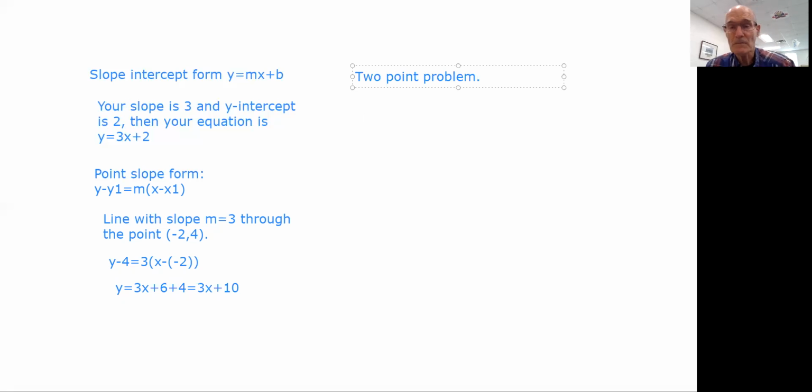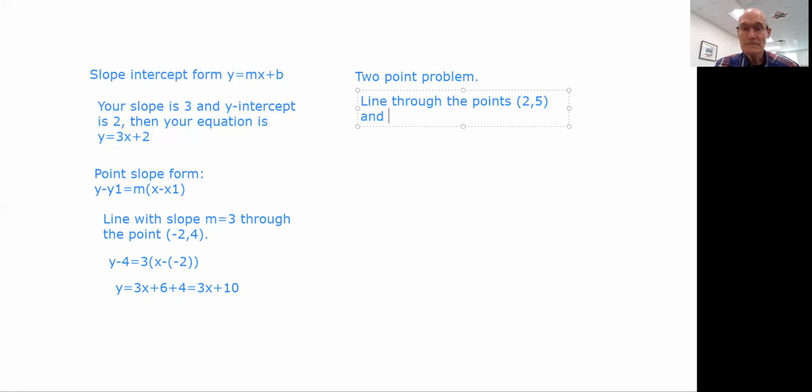In a 2-point problem, let's say you want to find the line through points 2 comma 5 and 5 comma 8. In this case, the first thing you have to do is find the slope.